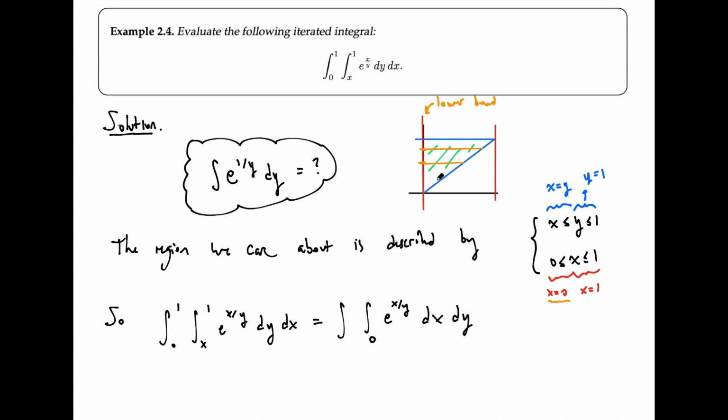This blue line has equation x equals y. Because we want an upper bound for x, that upper bound will be an expression in terms of y because it depends on the height here. And that expression is y. So this comes from x equals y.